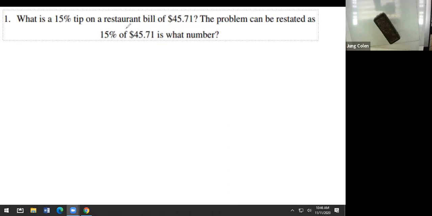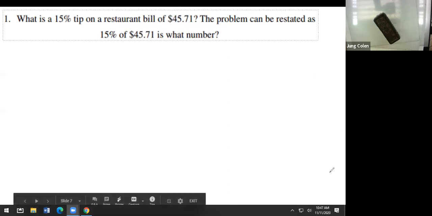Of can be represented as multiplication, so you can do 15% times 45.71 equals what? That is an x. So if I write this with my numbers, I can write it this way: 15% multiplied by $45.71 equals one number.